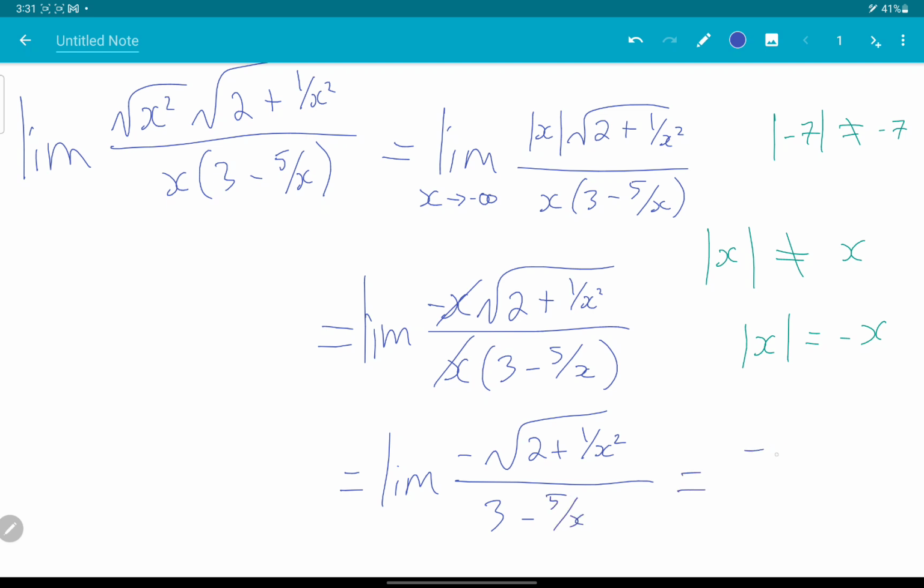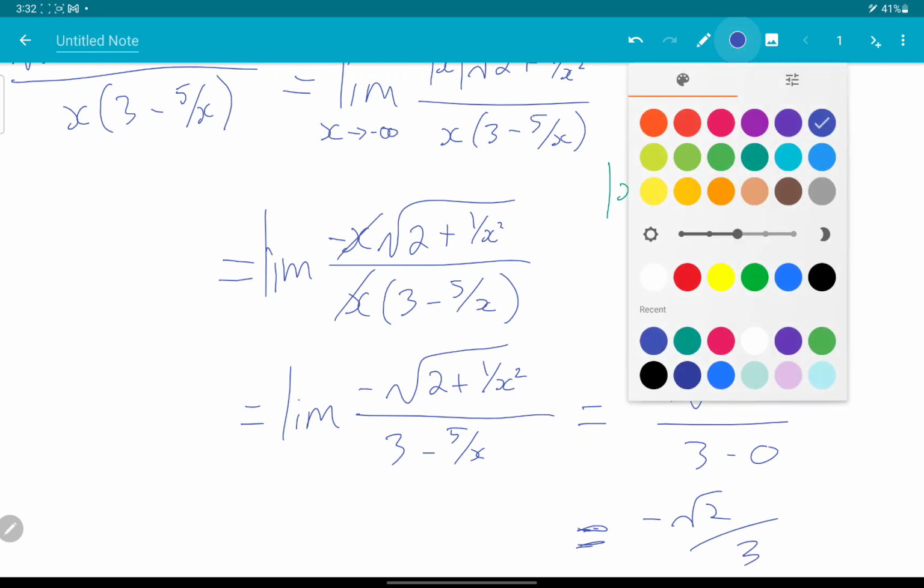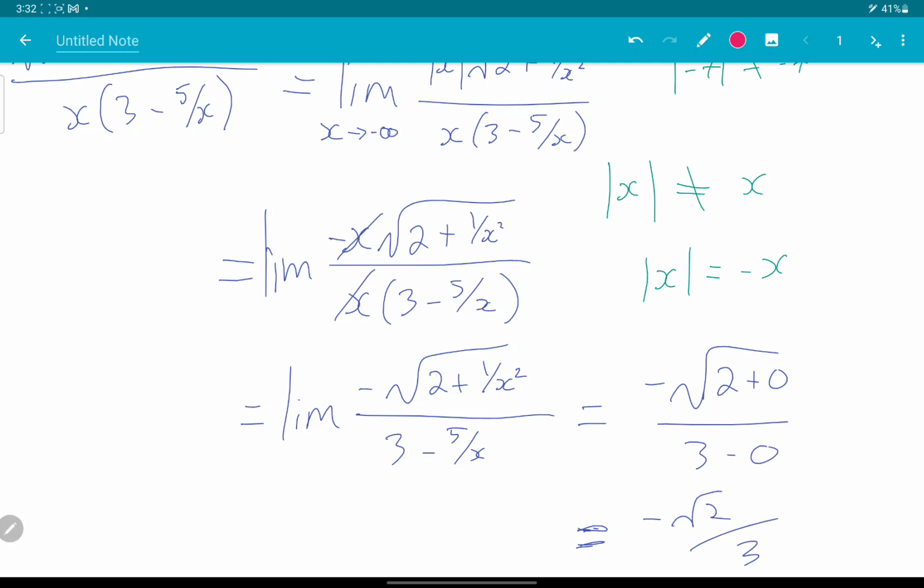So the limit can just be evaluated. I get root of 2 plus 0 over 3 minus 0, giving, equal sign, minus root 2 over 3. Okay, now a common mistake is to go root x squared is always equal to x.